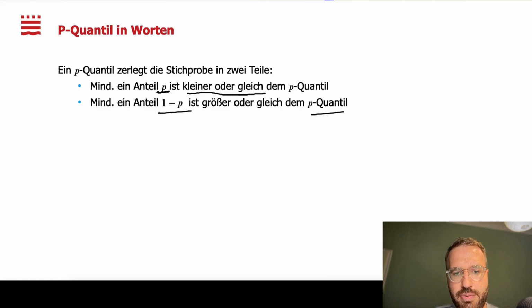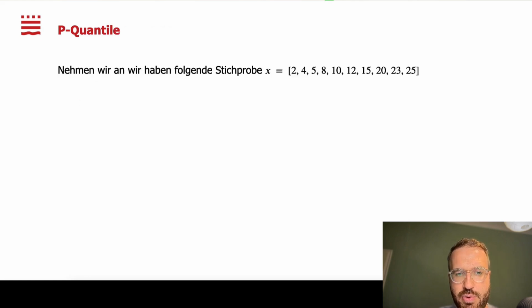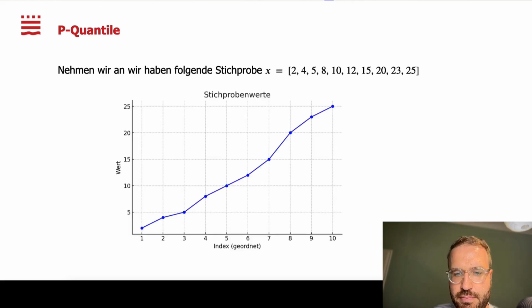And yes, we want to take a look at that, and above all, we want to see which formula can be used to calculate such quantiles. To do this, we will look at an example. Let's take the following sample, which is already sorted, and we plot this sample. We have a total of, let's count, 1, 2, 3, 4, 5, 6, 7, 8, 9, 10 data points.